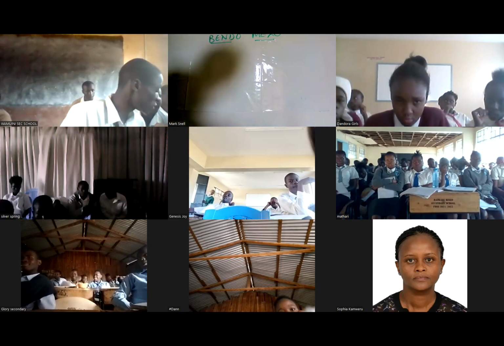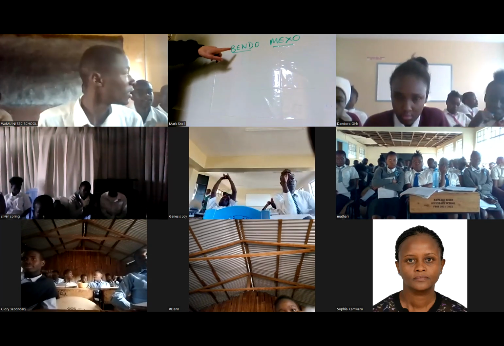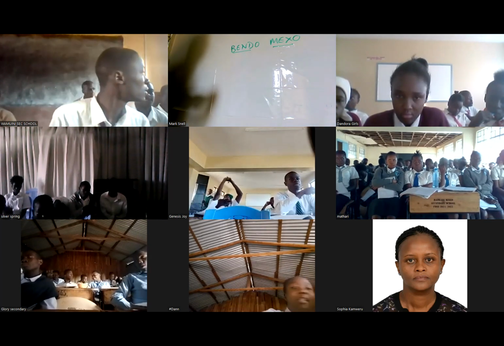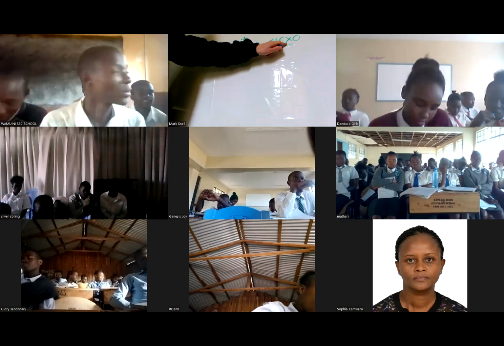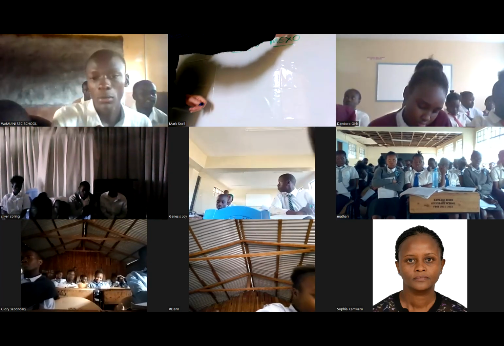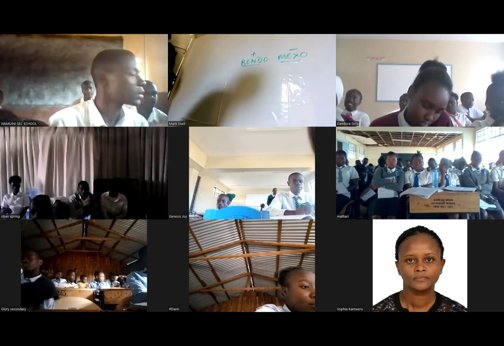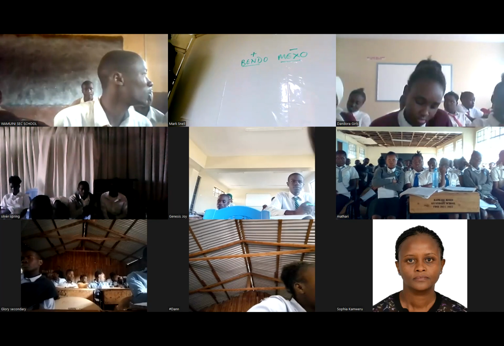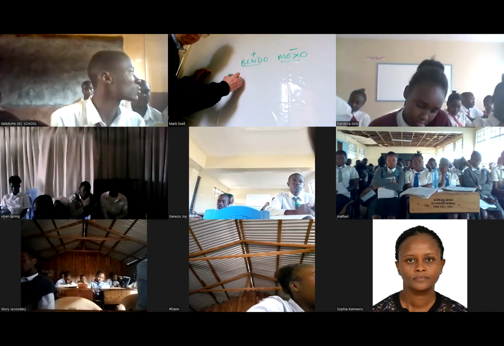Bendomexo was a way of remembering that breaking bonds is endothermic and therefore plus, and making bonds is exothermic and therefore negative. Sorry, I'll just put that up a little bit. There, bendomexo.